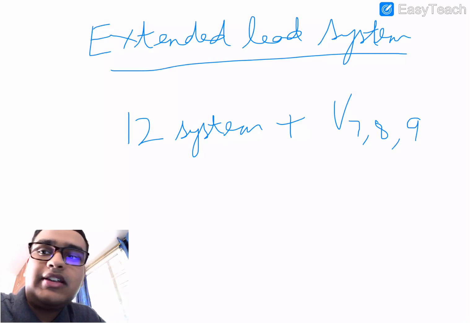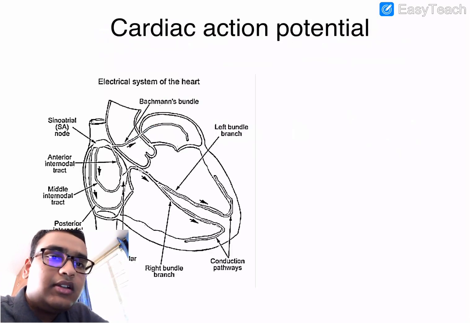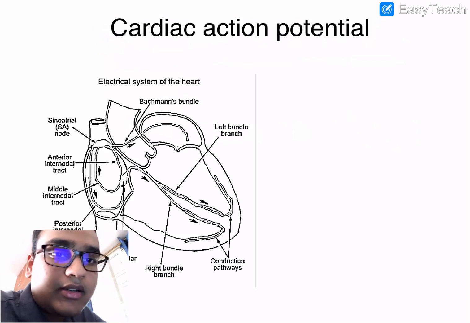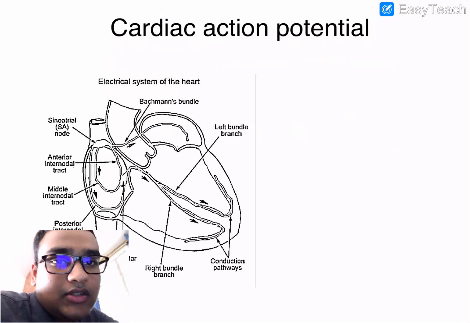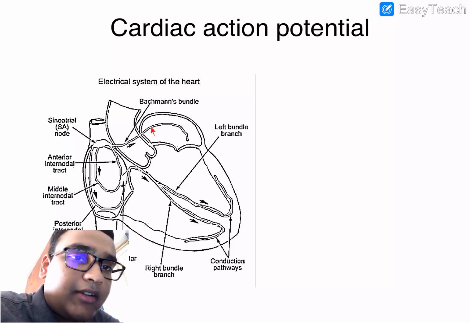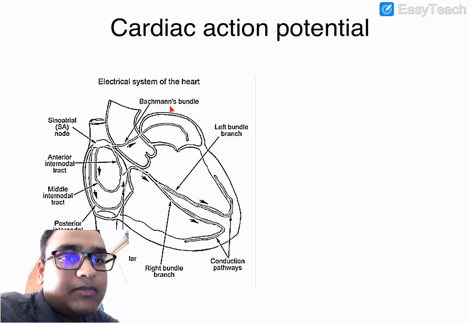Now let's go and spend just 2 minutes on the physiology behind electrical conduction. As you all know, electrical conduction starts from the pacemaker of the heart called the sinoatrial node. From here it goes to the AV node. For the left atrium to contract, there is a separate bundle which goes to the left atrium, known as Bachmann's bundle.